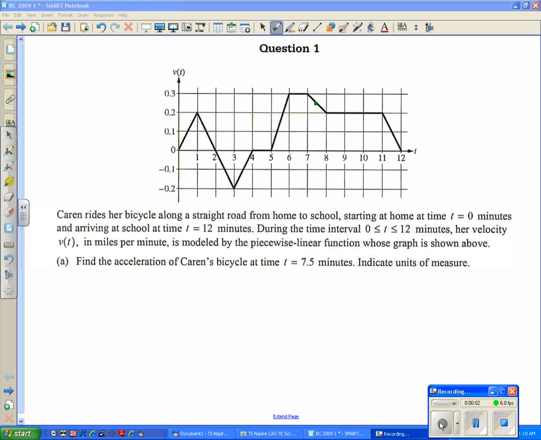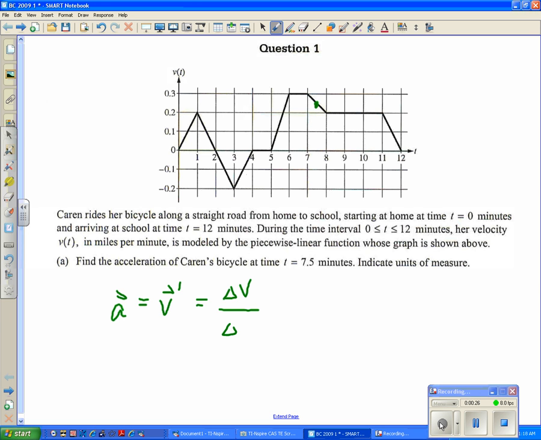We're interested in acceleration for Karen's bicycle at time 7.5. This problem would have us recall that acceleration is equal to the first derivative of velocity, and we can do it by inspection because we can see that at point 7.5 our change in v over our change in t is equal to down 0.1 unit as we go over 1 unit.